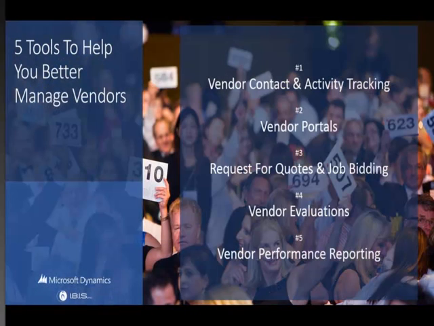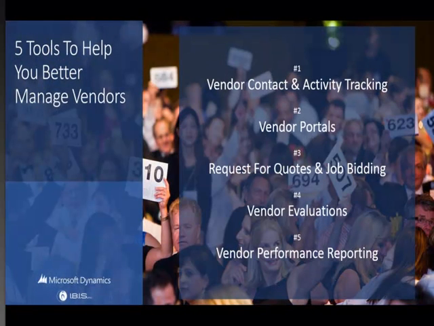A lot of people use Dynamics AX CRM that's built into the system, but they don't necessarily know that you can also track the same information against the vendors. I'll then talk about vendor portals, because these are a great and inexpensive way to give your vendors access to all of their information and also collaborate with you.